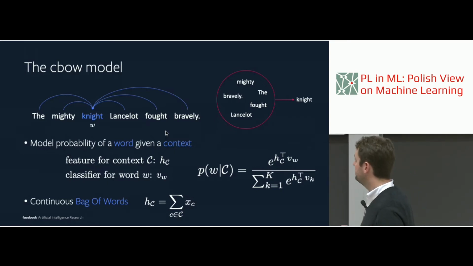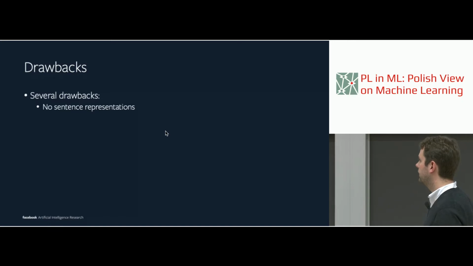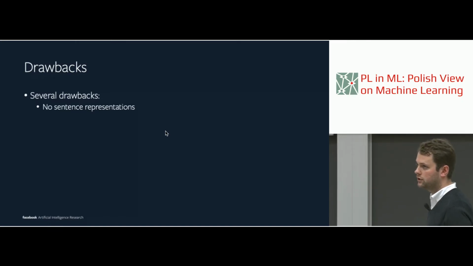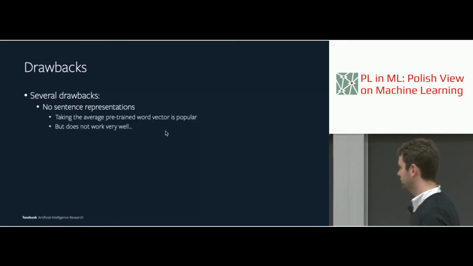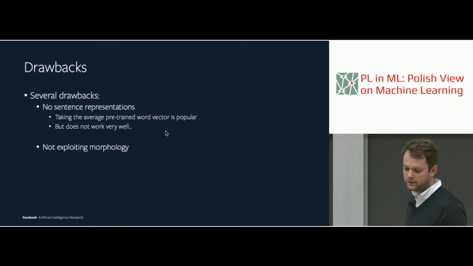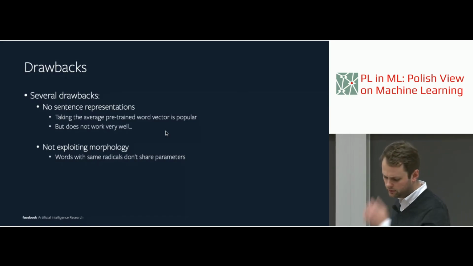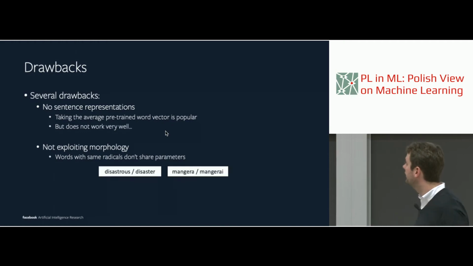So both these models have some drawbacks. First, it's not a proper sentence representation, but I'm not really gonna go into more details about that. The most important part for me is that it's not actually exploiting morphology. So words which share characters inside, share some radicals, they don't share parameters.